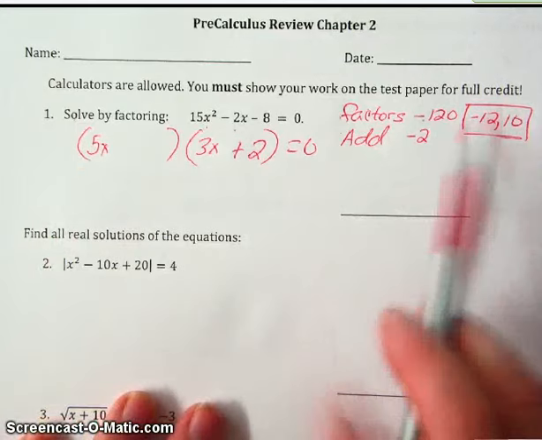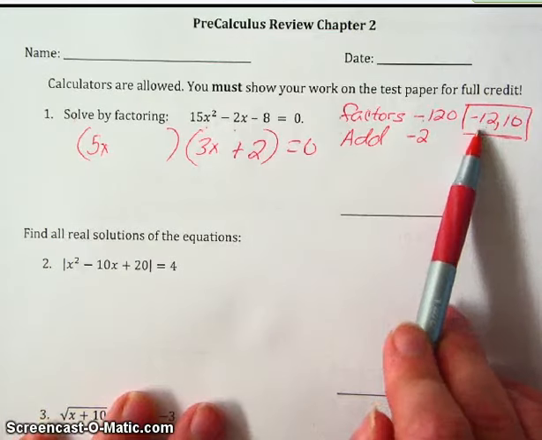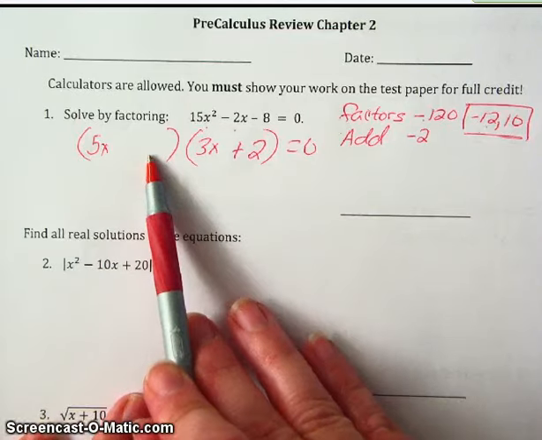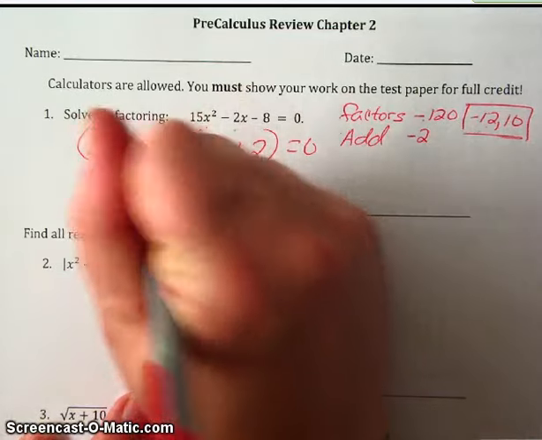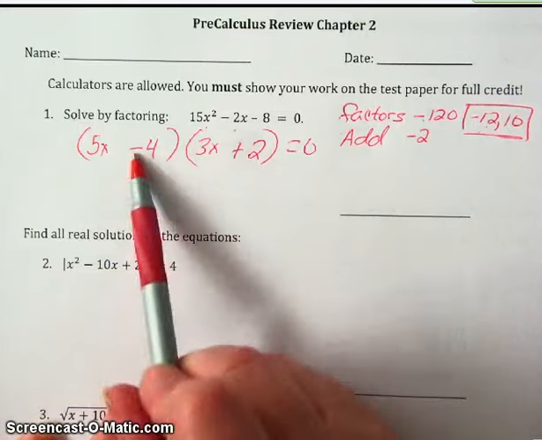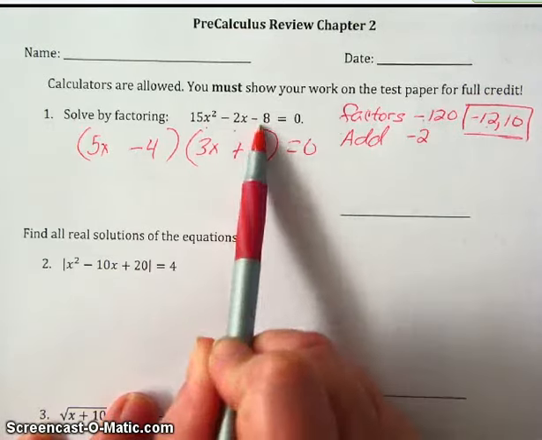Inner times inner has to be the other magic number, so it has to be negative 12. So 3 times something gives me negative 12. 3 times negative 4 gives me negative 12. So inner times inner is negative 12. Last times last is negative 8.